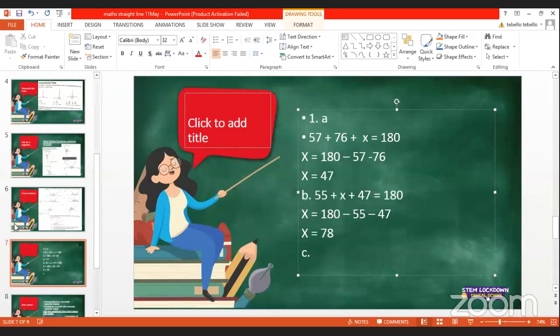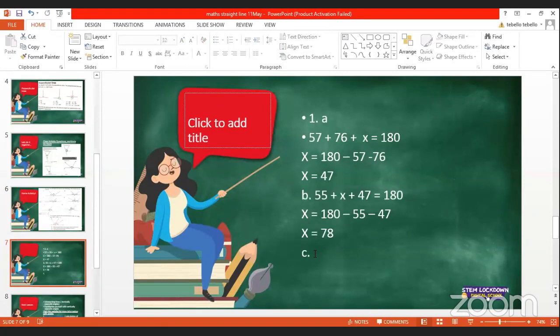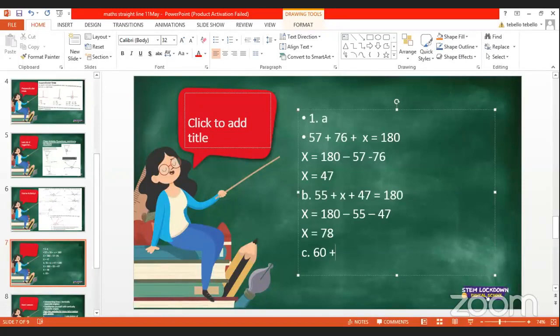Next, let's do our equation first before we say our actual answer. For number C, we'll have 60 degrees plus x plus 60 degrees equals 180 degrees.